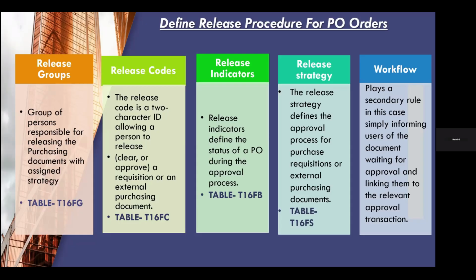Like that, we have to define it. For example, we can give numbers as well as alphabets. We can take B for block, it's not mandatory to take a particular alphabet or number. Based on the company, we can define the release indicators.